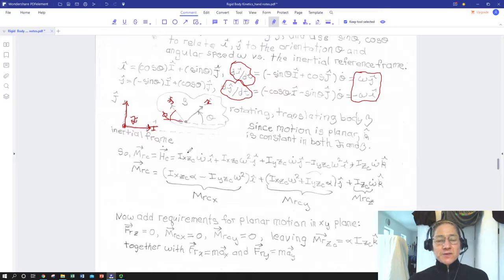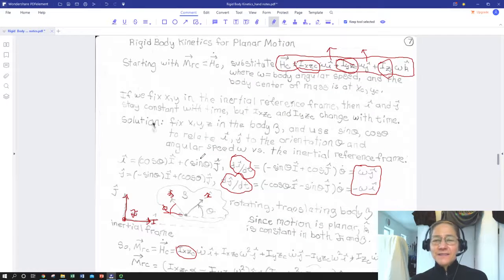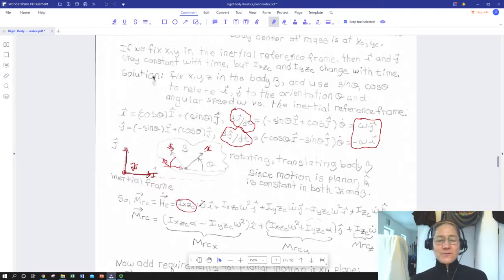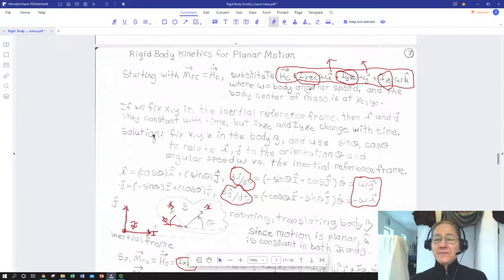So substituting in, we end up with our product of inertia being a constant. Let me erase a little here to make it easier.